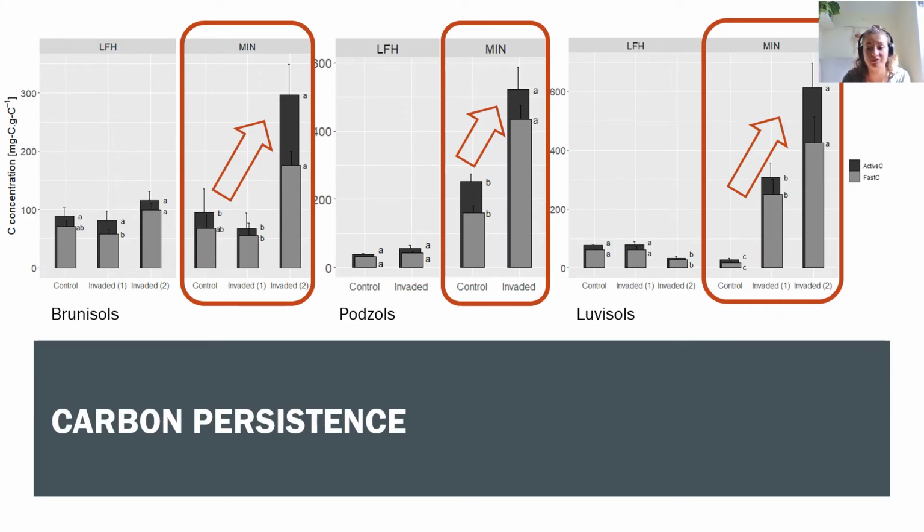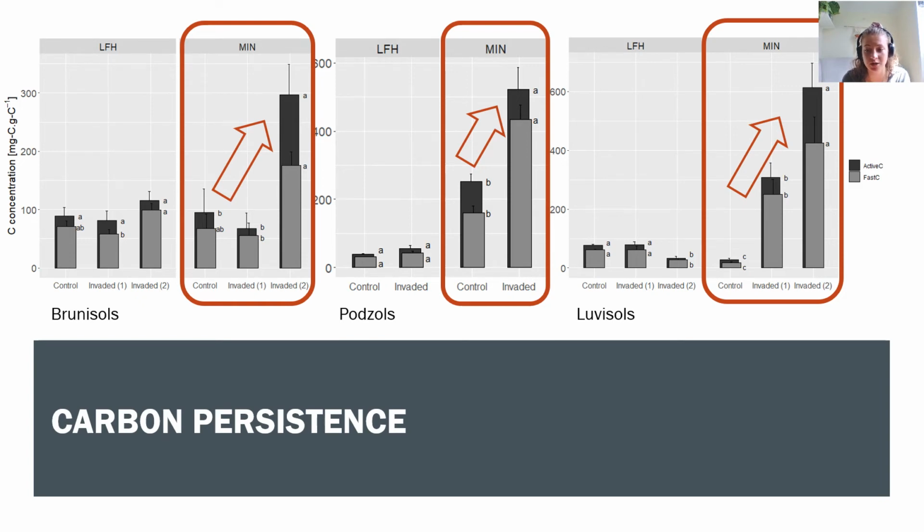And the results are very clear and very interesting, in my opinion, in the sense that the forest floor is not greatly impacted. Although we lost a lot of carbon, the carbon that's left seems to have the same activity or persistence as before. But for the mineral soil, after invasion, as you can see circled in red, the proportion of active carbon is greatly increased.